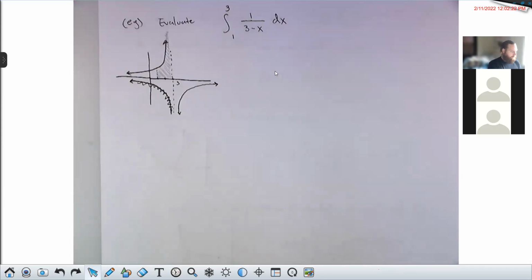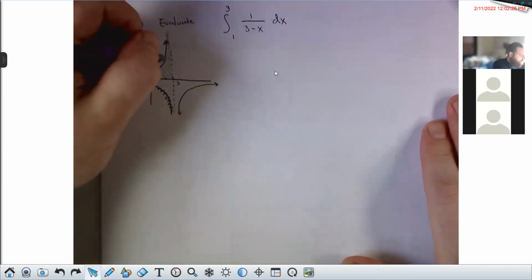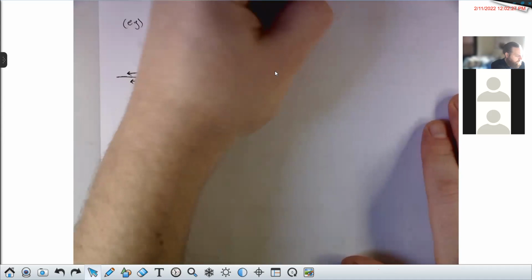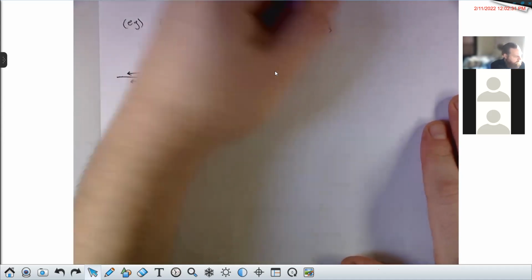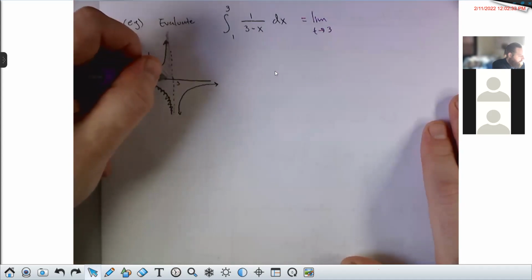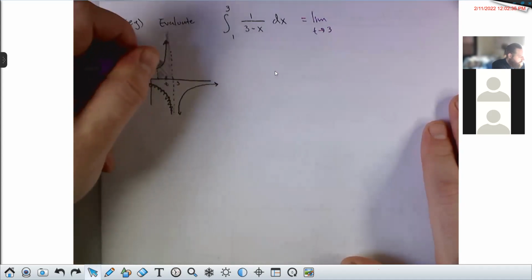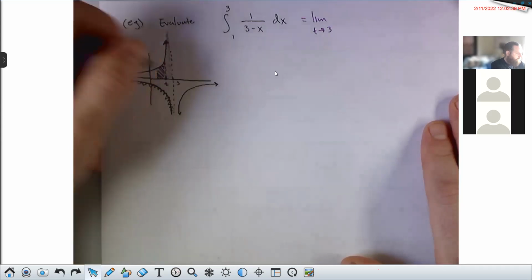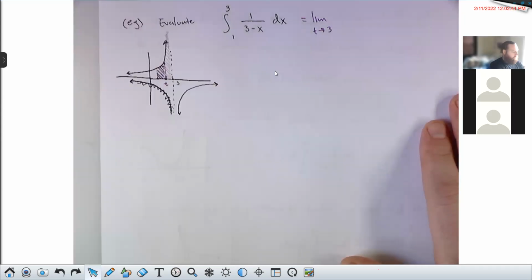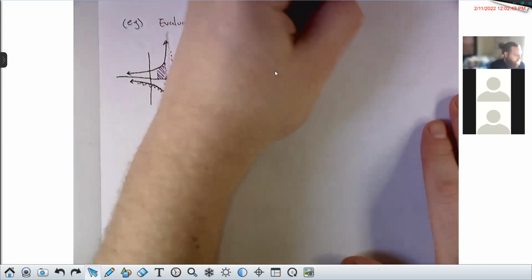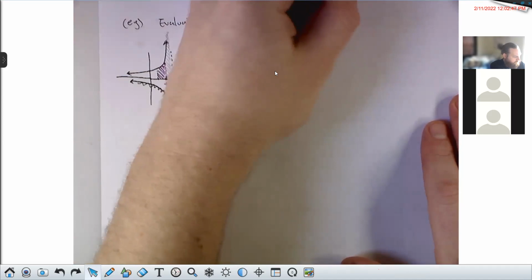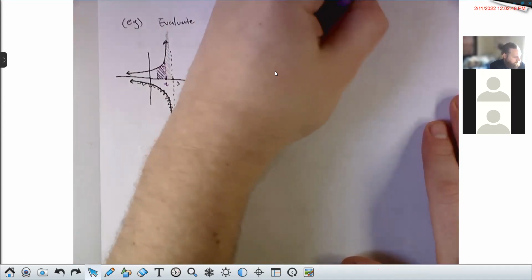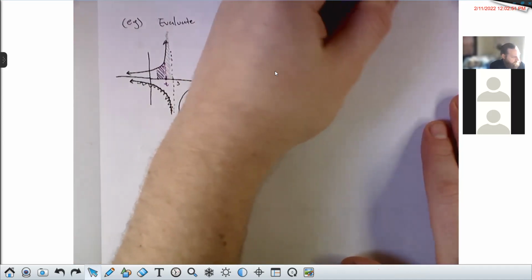The way we handle this is by writing this as the limit as t goes to 3, and we're thinking of t as being in here. We're going to integrate from 1 to t of 1 over 3 minus x dx.